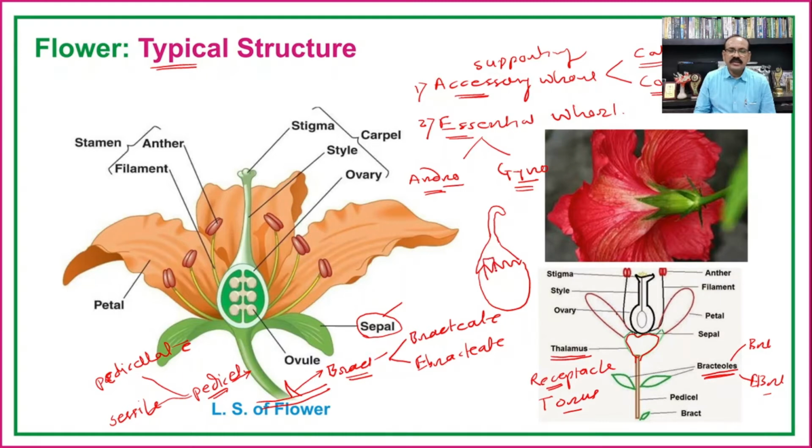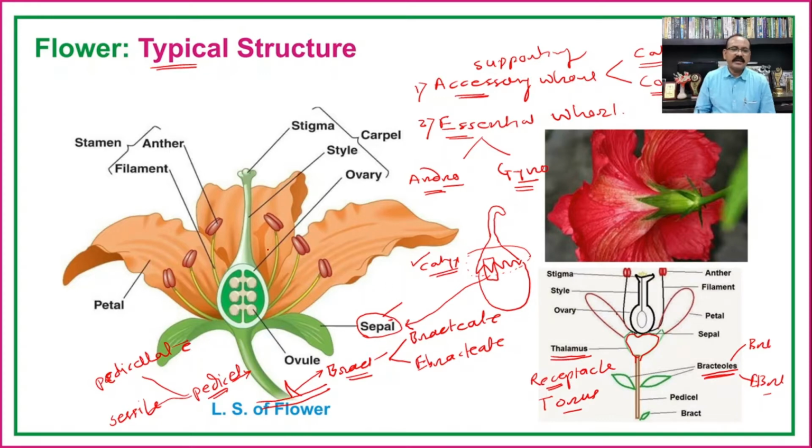So here now this becomes sepal, and this whole part is considered as a calyx. So you can understand what is the meaning of calyx and what is the sepal. Complete whorl is known as the calyx, and one of the members of that whorl is known as the sepal.